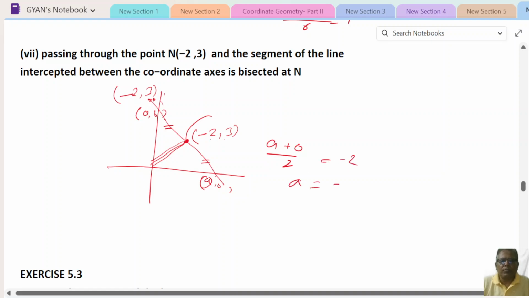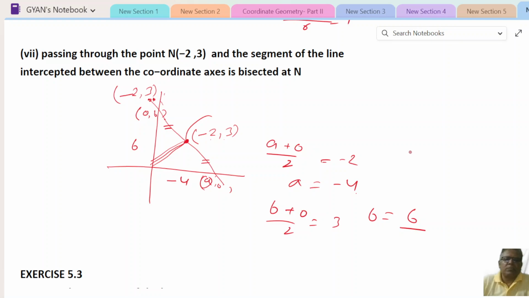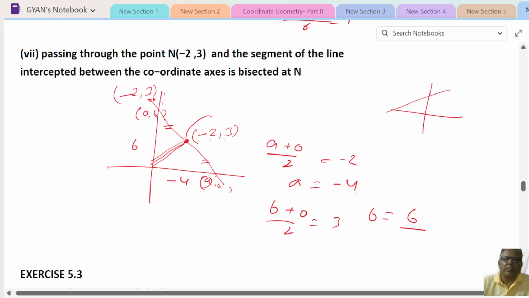So a is equal to minus 4, and b plus 0 divided by 2 is equal to 3, so b is equal to 6. Now you have the intercepts: a is minus 4, b is 6. So the line will look something like this, with 6 here and minus 4 here.